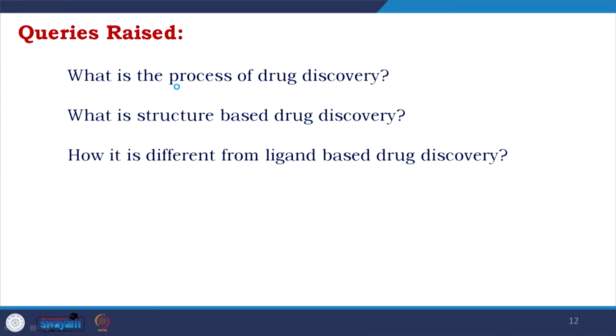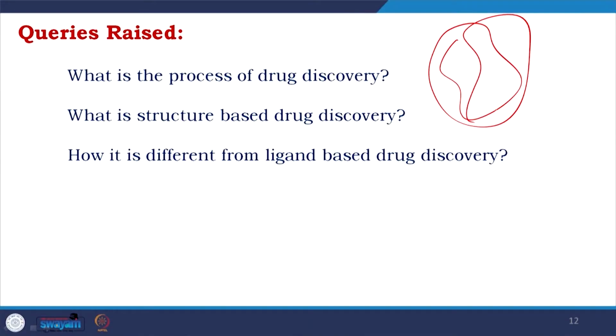So, if you now understand, in most drug designing there is a protein and a small molecule. The small molecule is called the ligand and the protein is called the receptor or biological macromolecule.